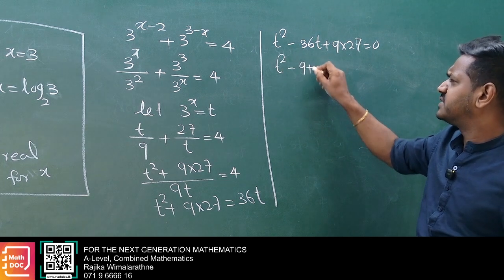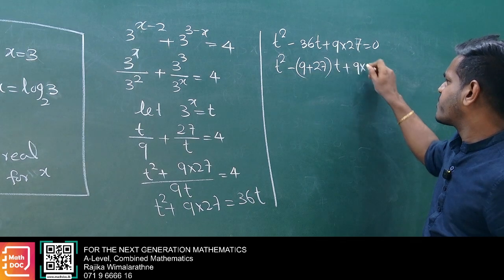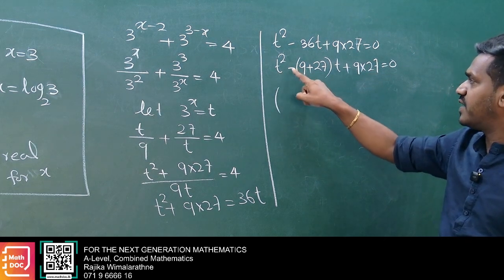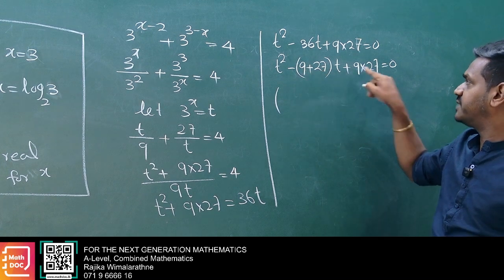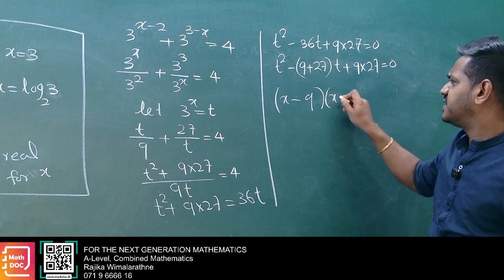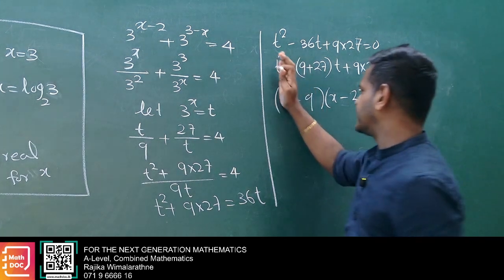Here 9 plus 27 is 36 now. We have done the factorization technique: x square minus alpha plus beta x plus alpha beta equals 0 type, so x minus 9 into x minus 27. Here not x, that is t.